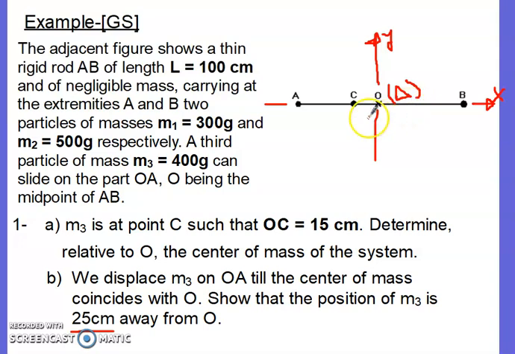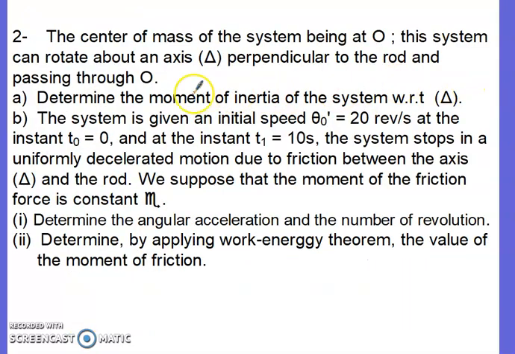And C is here now, because the center of mass is at O, as we said. Determine the moment of inertia of this system with respect to delta. Okay, good.